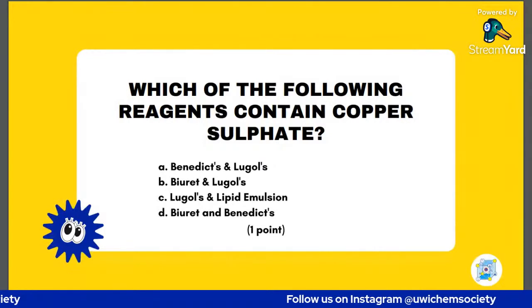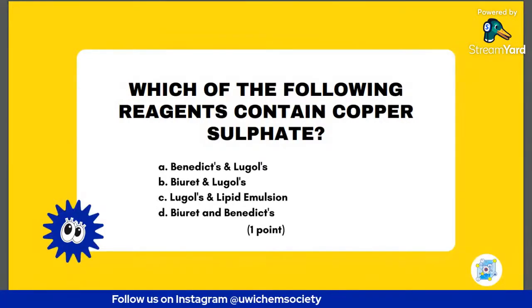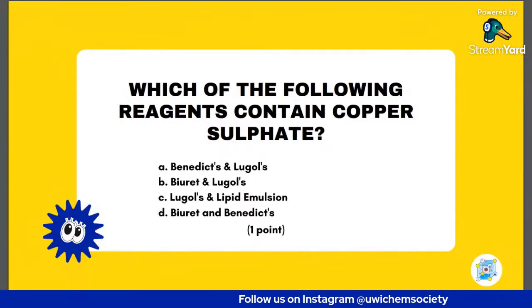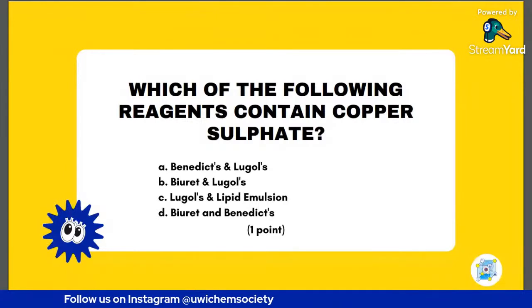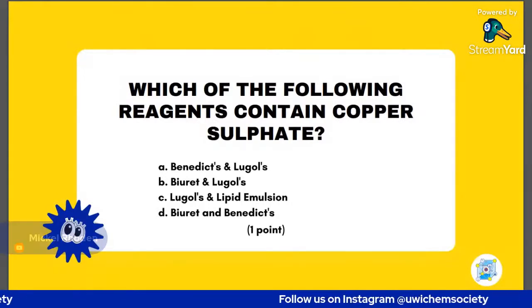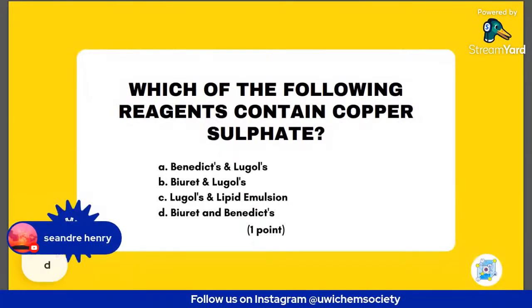The Buret reagent has copper sulfate along with sodium hydroxide, and your Benedict also has sodium hydroxide along with trisodium citrate and sodium carbonate or bicarbonate. The first correct answer I'm seeing is Ciandre, so Ciandre gets that point. Let's go to the next question.